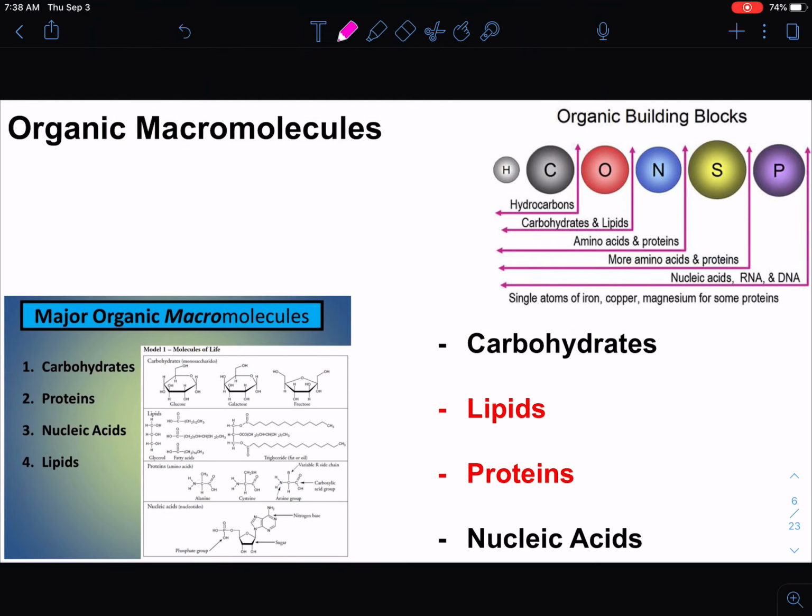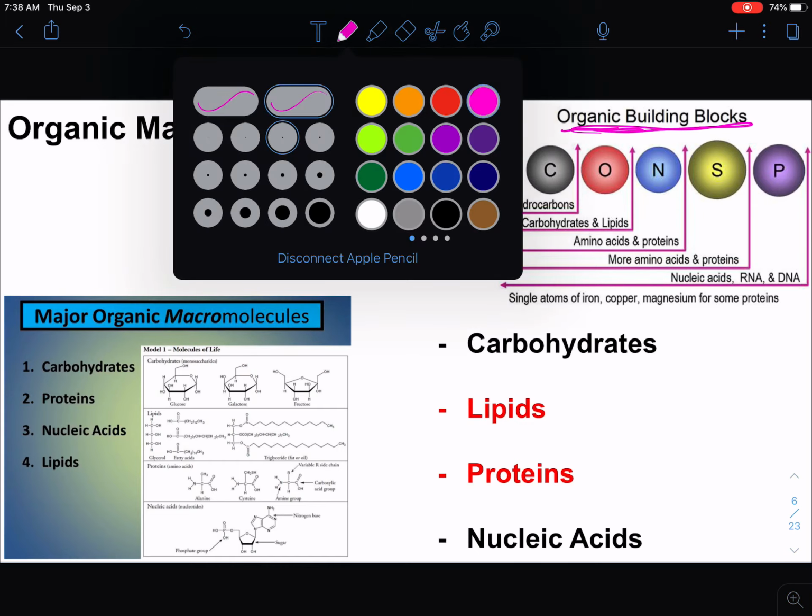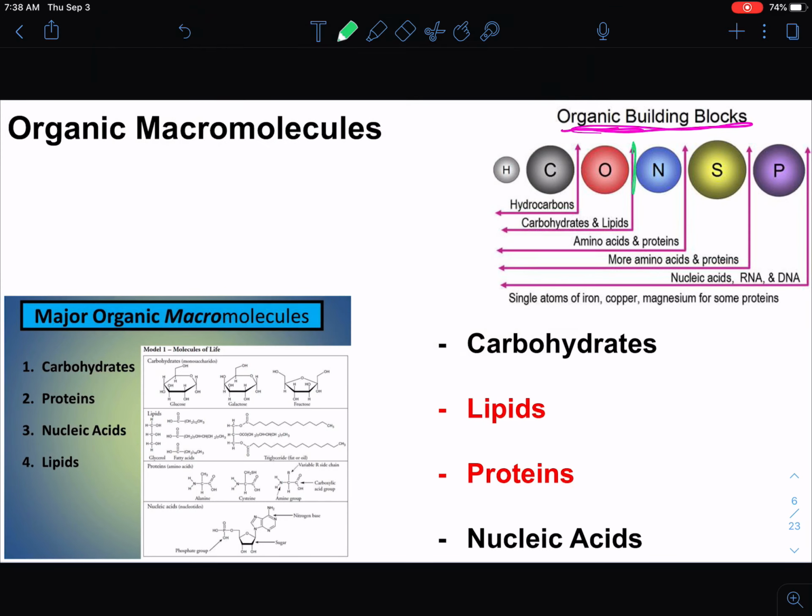For example, up here, organic building blocks, carbohydrates and lipids are always going to have oxygen, carbon, and hydrogen.